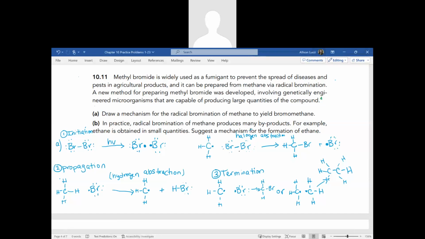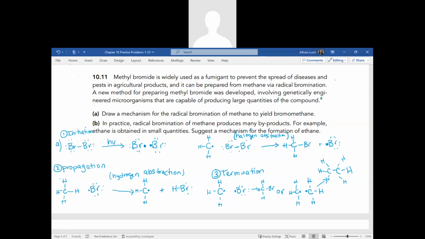So we're going to see three distinct stages: our initiation step, then our propagation, and then our termination stage. And in the propagation stage, we're actually going to see two different steps occur. We have both a hydrogen abstraction and then followed by a halogen abstraction. So let's take a look at how we should start.